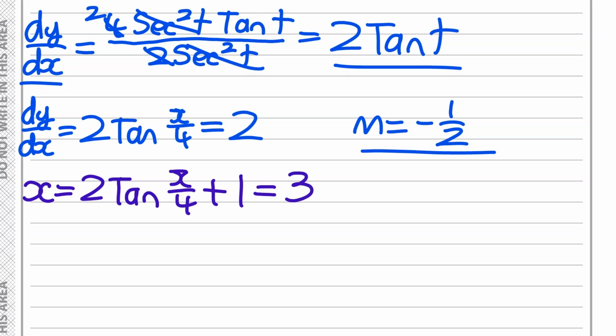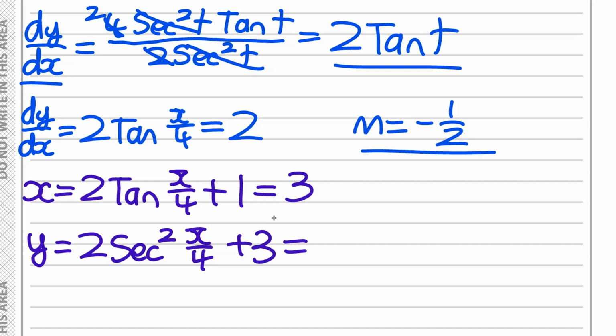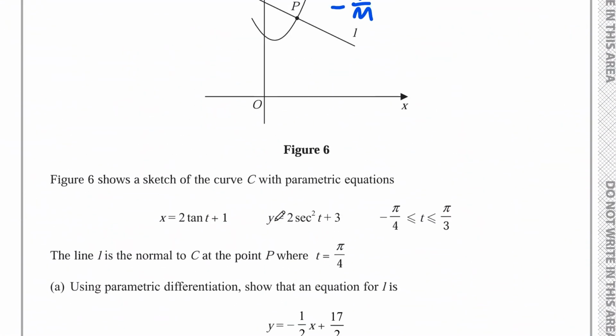So x is equal to 3 at the point P, and y is equal to 2 sec squared of t, so this is going to be pi over 4, and then plus 3, and if you put this into your calculator, this is equal to 7. So therefore the point P is equal to 3, 7, and this is a point on the line L here.